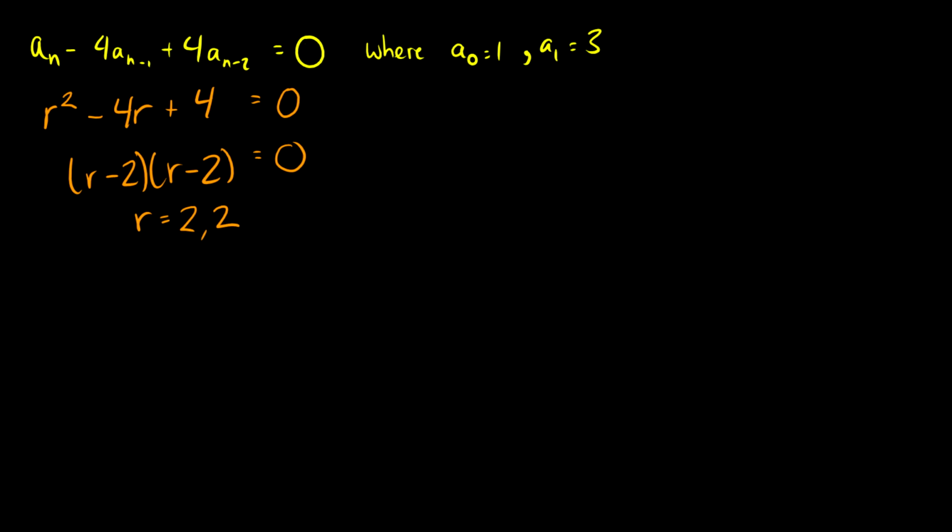So this means that our formula an should be some number alpha times 2 to the n plus some number beta times 2 to the n. But then shouldn't alpha and beta be the same number? So we get a weird situation here.